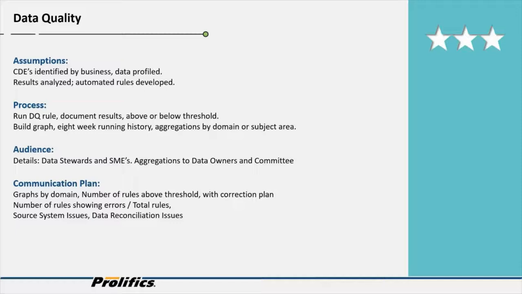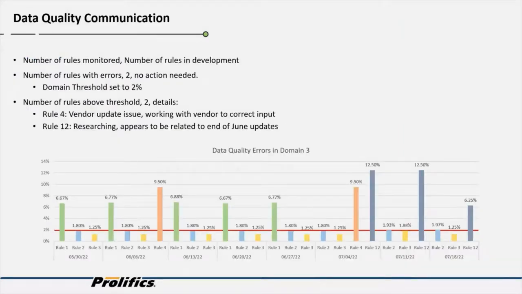Let's go to the next slide, please. In this case, I've shown a possible data quality communication. And let's, in this communication, put in number of rules that we're monitoring, number of rules that are in development.